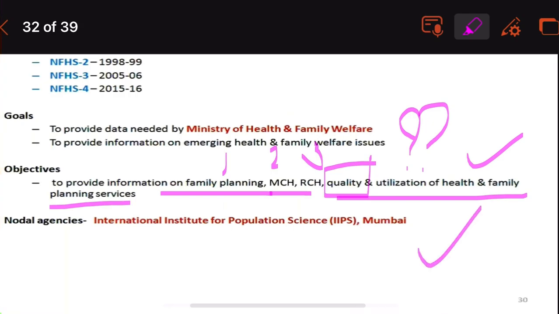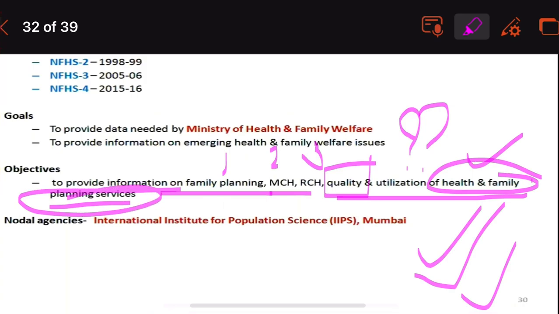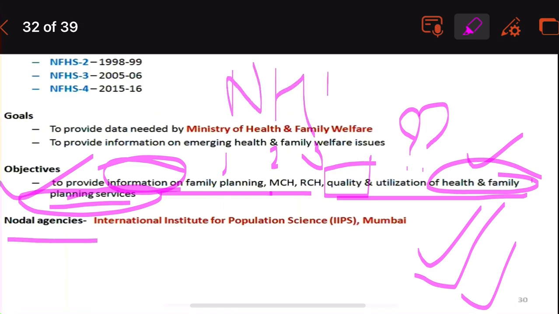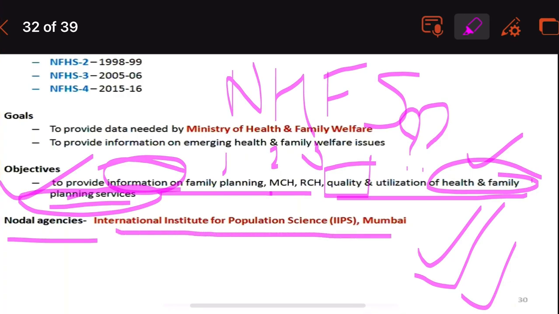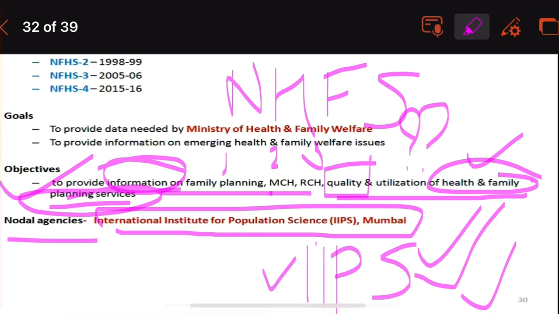How many people are actually making use of these services can also be collected. What is the nodal agency of NFHS? It is the International Institute for Population Sciences, IIPS. It is situated in Mumbai.